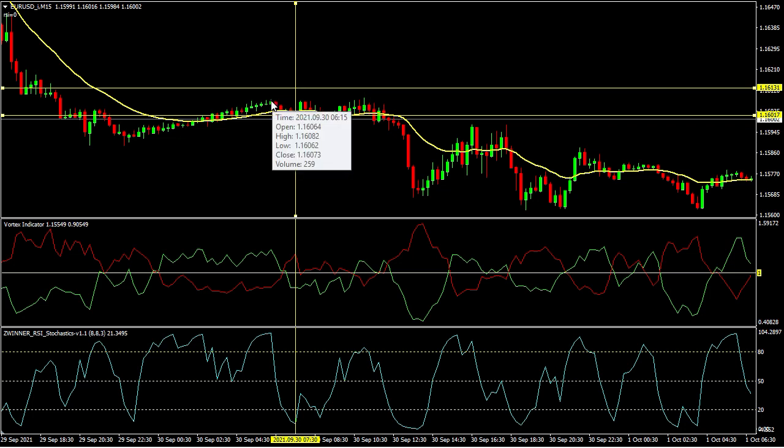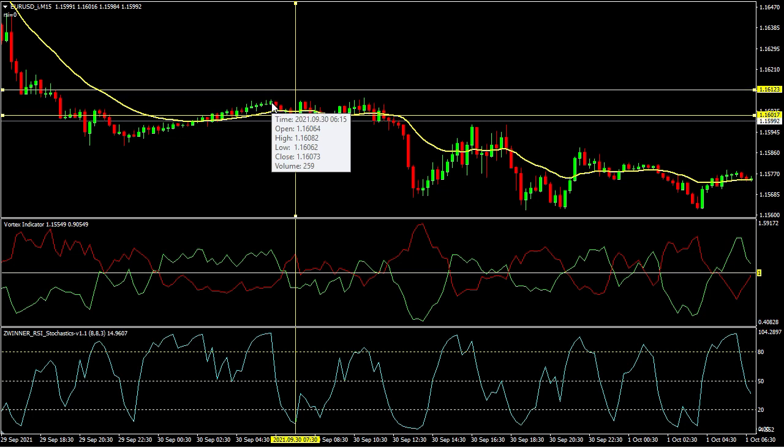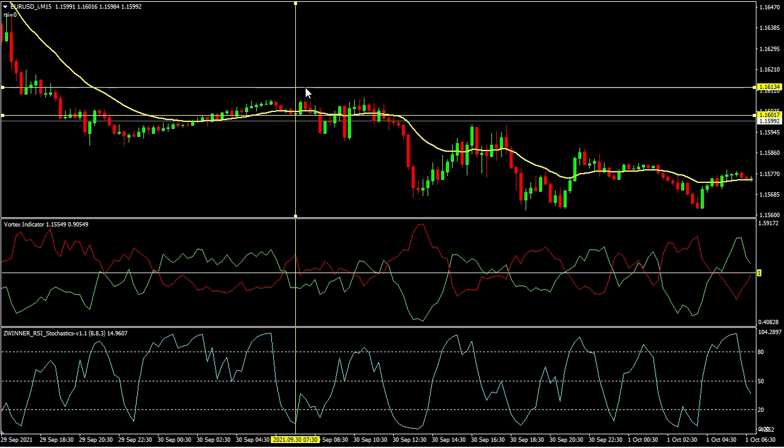The high was 1.1608, add 5 to it, 1.1613. That's it. So this is going to be your stop loss.